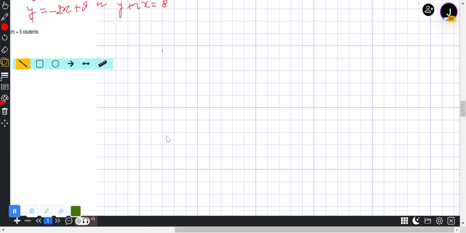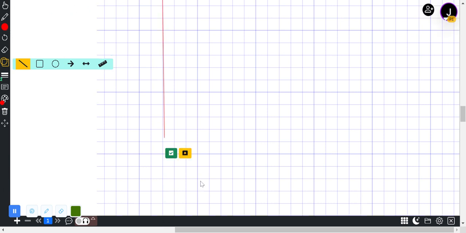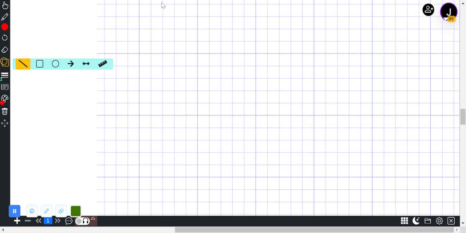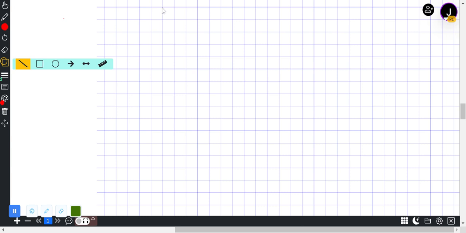Let me draw a straight line, and this side also. Okay, so this is the origin.